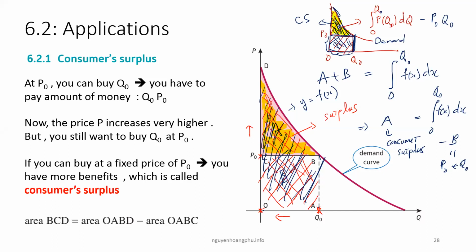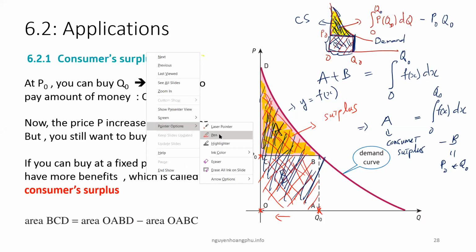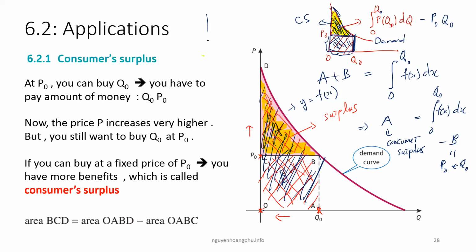Okay. Hàm supply thì nó ngược lại. Hàm cung thì nó ngược lại. Không, đây là Q, đây là P. Hàm cung thì khi mà giá tăng thì cung tăng, đúng không? Giả sử tại đây P0 Q0.